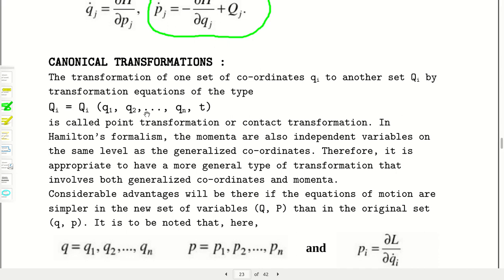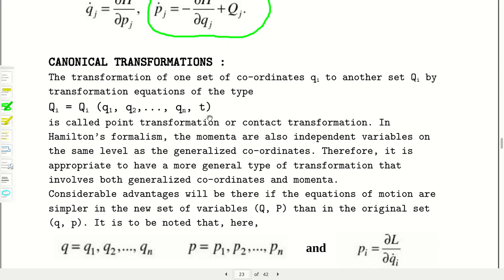Let us take the previous example which I have told, that the x, y, z coordinates you are going to r, theta, phi coordinates. So r is a function of x, y, z, theta is also a function of x, y, z, phi is also a function of x, y, z. So you have the old coordinates q1, q2 up to qn, where n is the number of degrees of freedom or generalized coordinates.